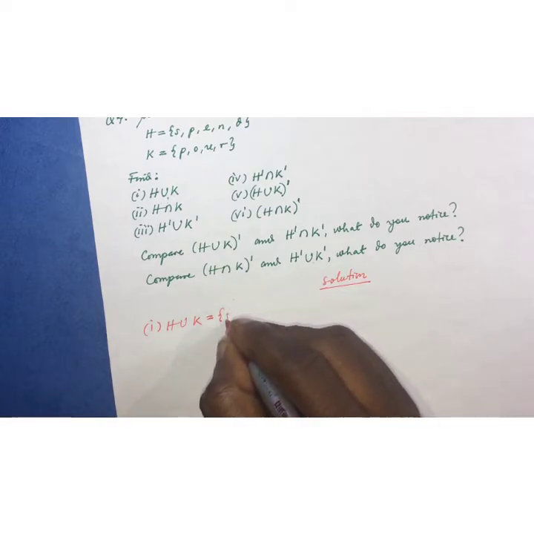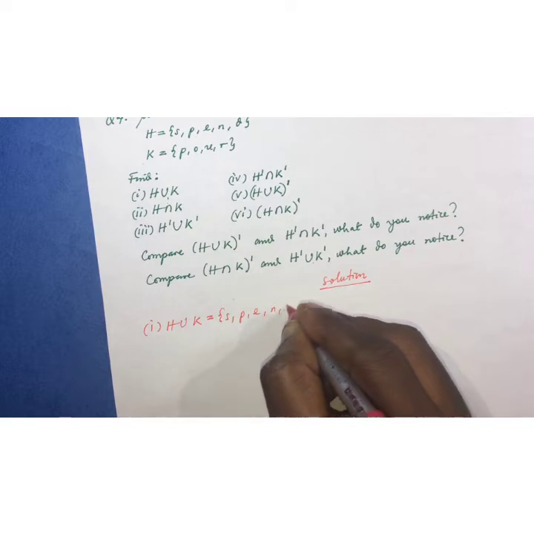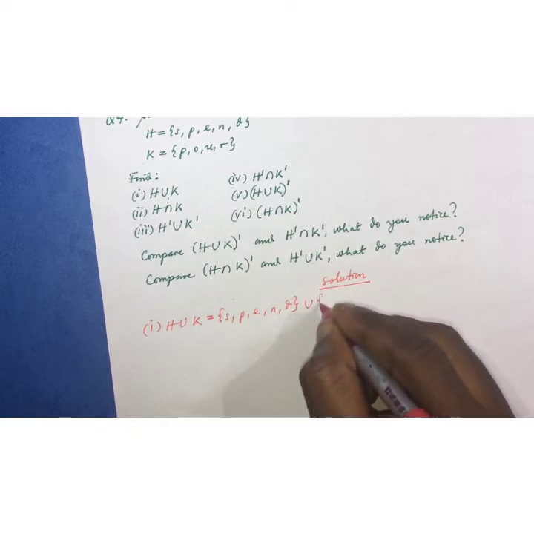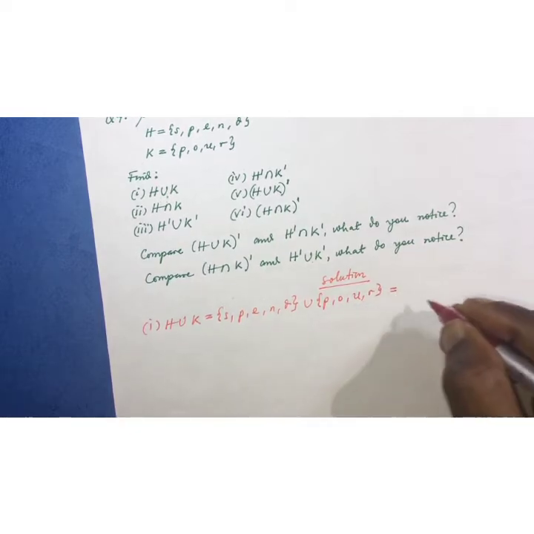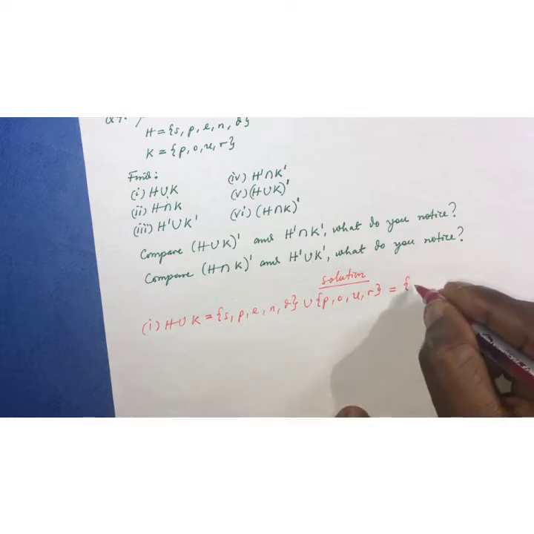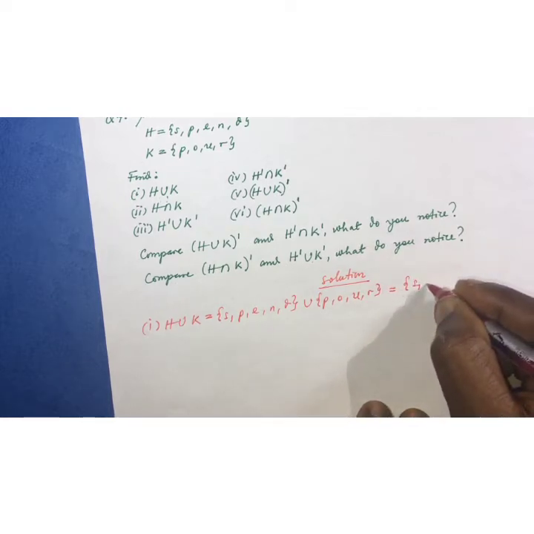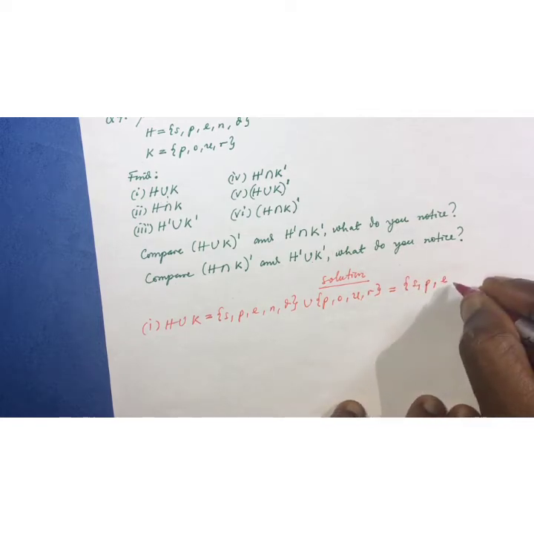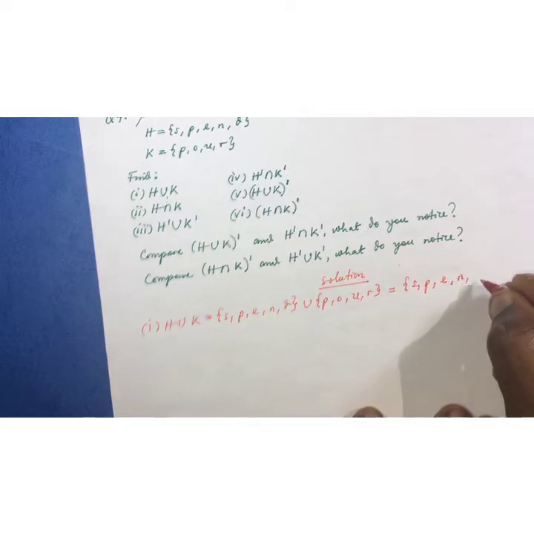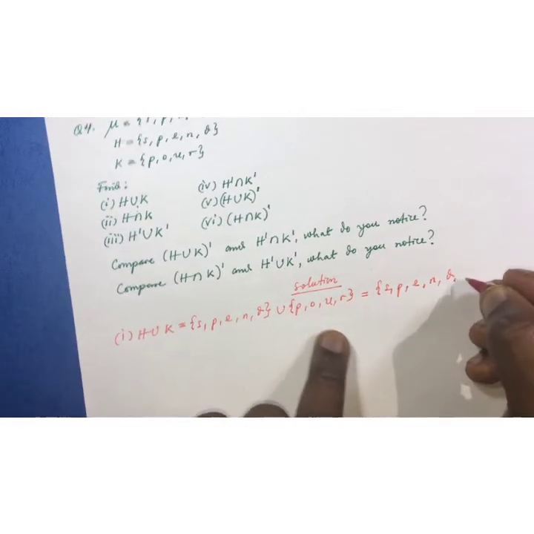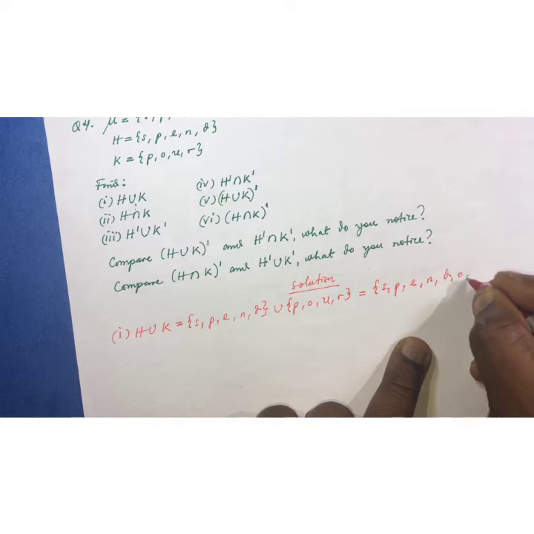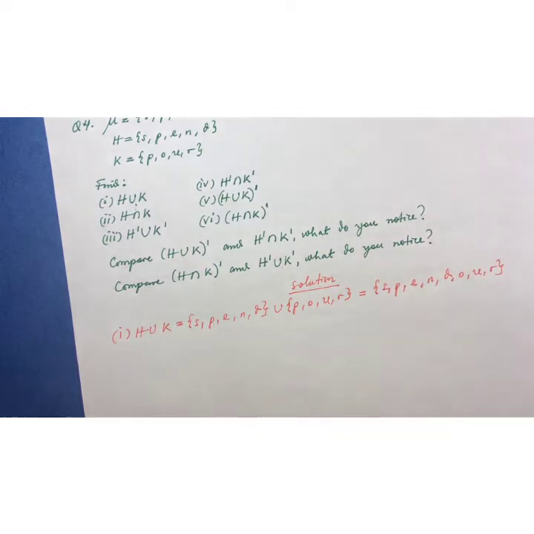So, let's write S, P, E, N, D, the elements you find in H, uniting with the elements you find in K, P, O, U, R. That will give us the combined set, and that would contain S, which is found in H alone, P, which is found in both of them, written once, E, N, and D, which are found in H alone. Then we've already taken P, which is common to both of them, so we continue to the next elements, which are O, U, and R, elements found in K alone.